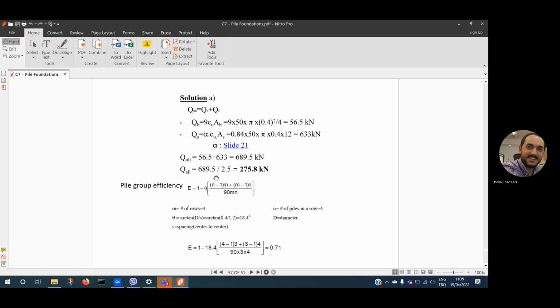How may I increase the efficiency? I lost 29% of the piles. We will increase what? We will increase the size of the piles, you said? Number of rows or the size of the pile, I mean, it's wrong.